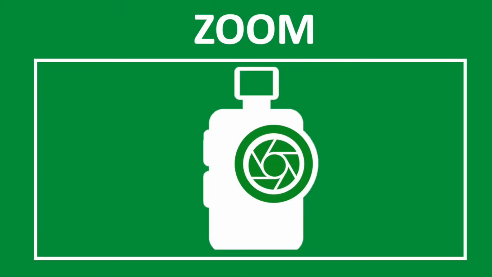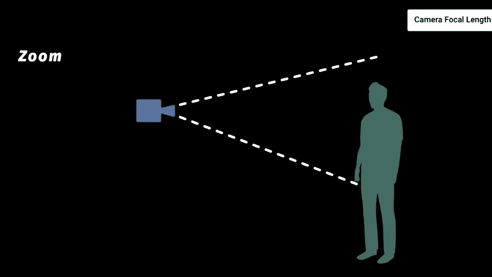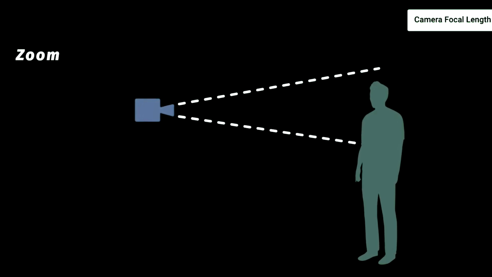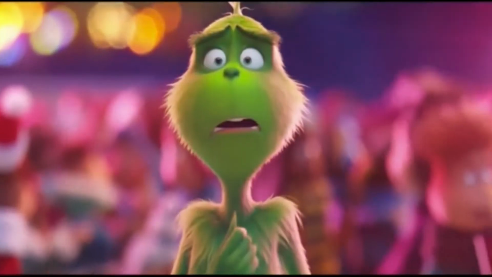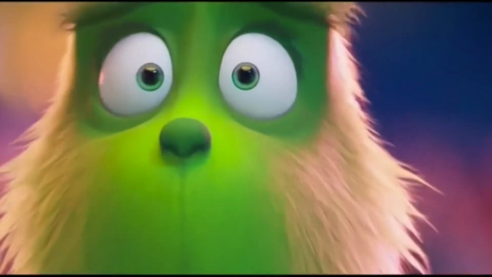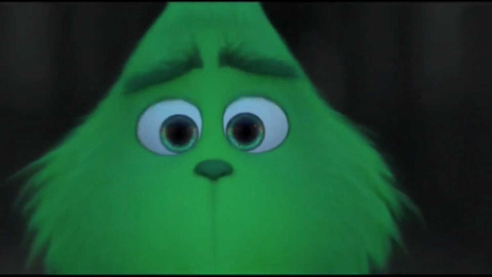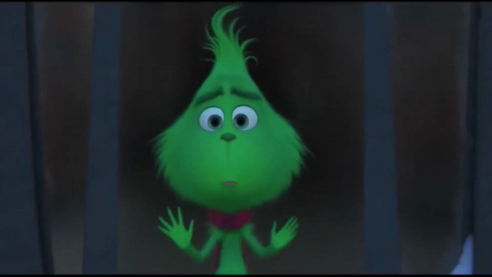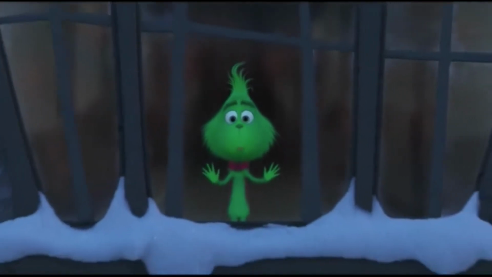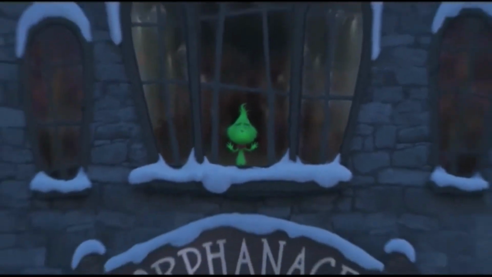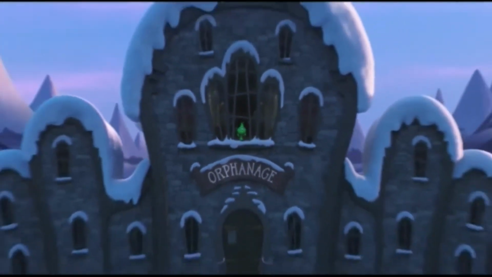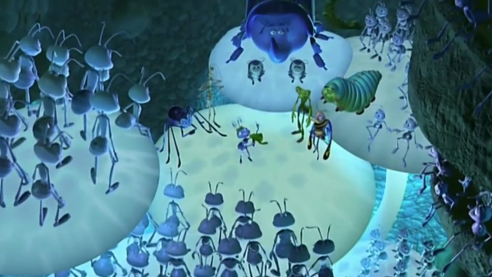A zoom shot is similar in that it brings us closer or further away to the subject, but the camera is still. By changing the focal length of the lens, we can zoom in and zoom out. Our eyes are unable to mimic this action of zooming, and so it has an unsettling element for your audience, whereas pushing in and pulling out feels more natural.